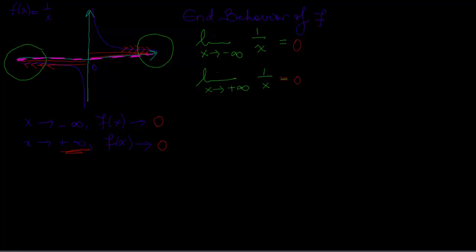You notice how the function values are getting closer and closer towards this particular line, towards negative infinity and positive infinity. So we write that this function has a so-called horizontal asymptote, and the equation for this asymptote is y equals 0.